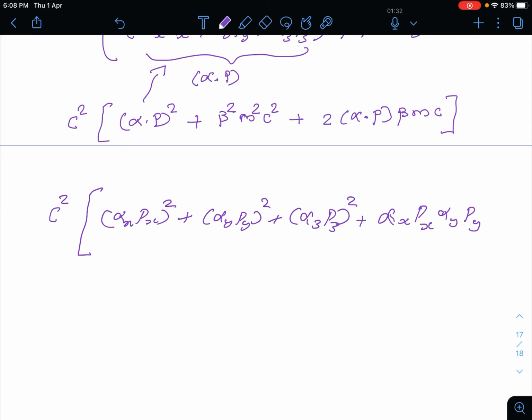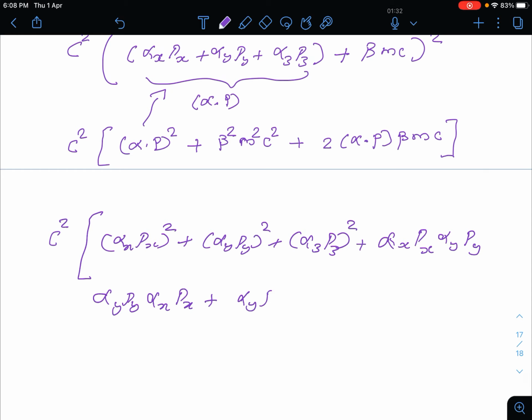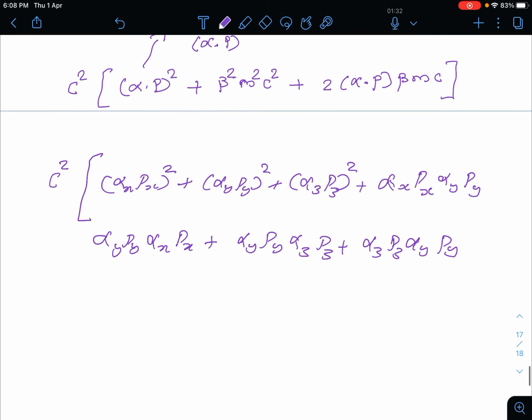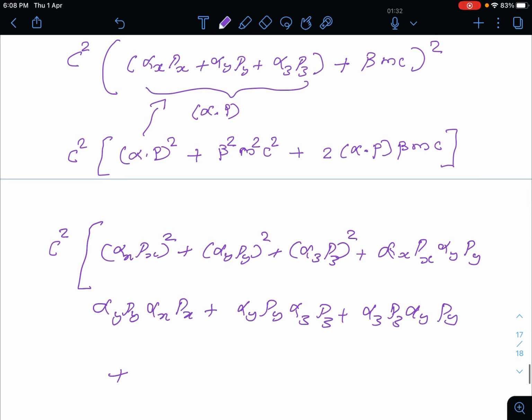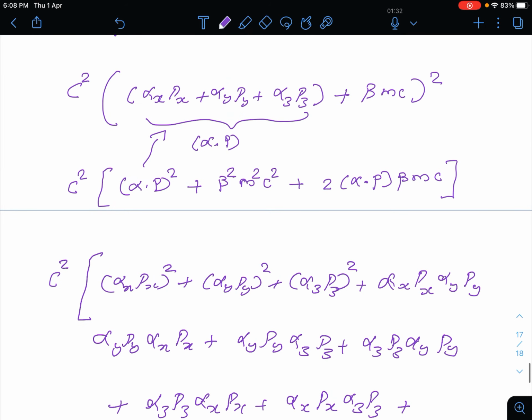Alpha x px alpha y py plus, writing it in reverse, alpha y py alpha x px, plus what is the next term? Alpha y py alpha z pz plus alpha z pz alpha y py plus alpha z pz alpha x px plus alpha x px alpha z pz. So we got the square of this.